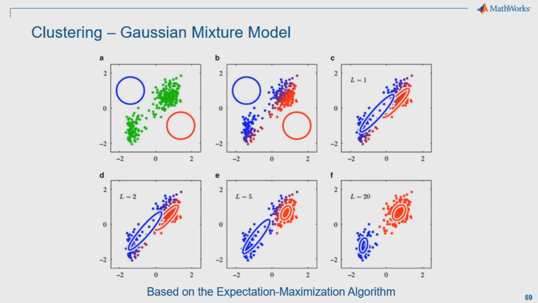So as you can see in picture B here, after we evaluated the belongings, moving to picture C, the two Gaussian distributions are updated based on the values of the mean vector and the covariance matrix, which are, by the way, the only parameters needed to specify the Gaussian distribution in space.